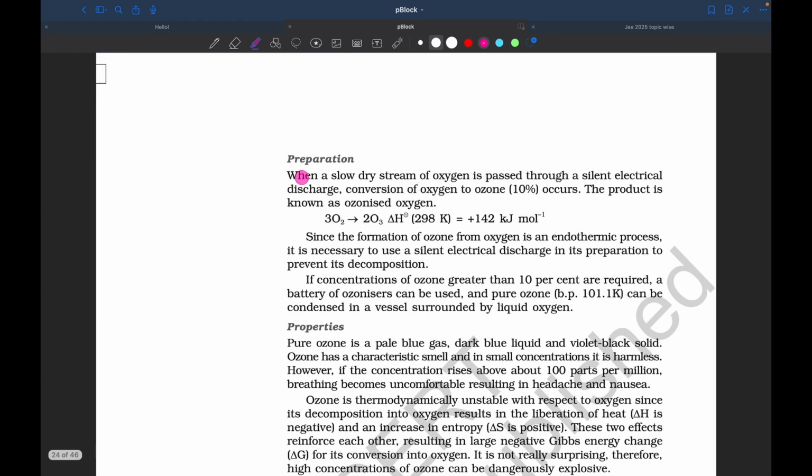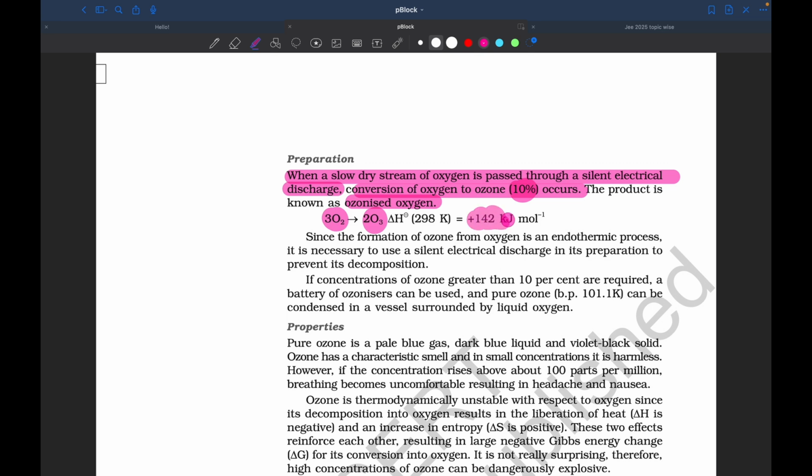Next one, take a look at the preparation. When a slow and dry stream of oxygen is passed through a silent electric discharge, about 10% of the oxygen is converted into ozone. The product is known as ozonized oxygen. So 3 moles of O2 gives you 2 moles of O3.